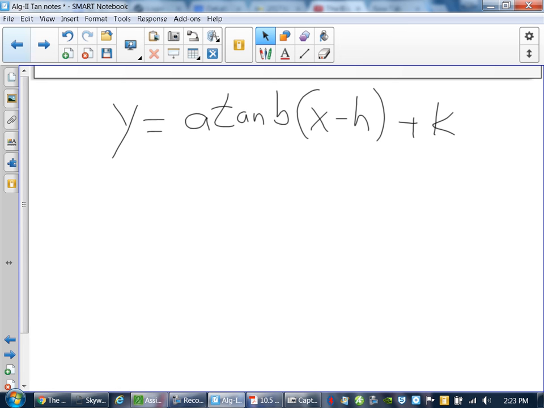So the tangent shifted graph has the same generic look as the sines and cosines, with your A, B, H, and K, where H moves you horizontally and K moves you vertically.